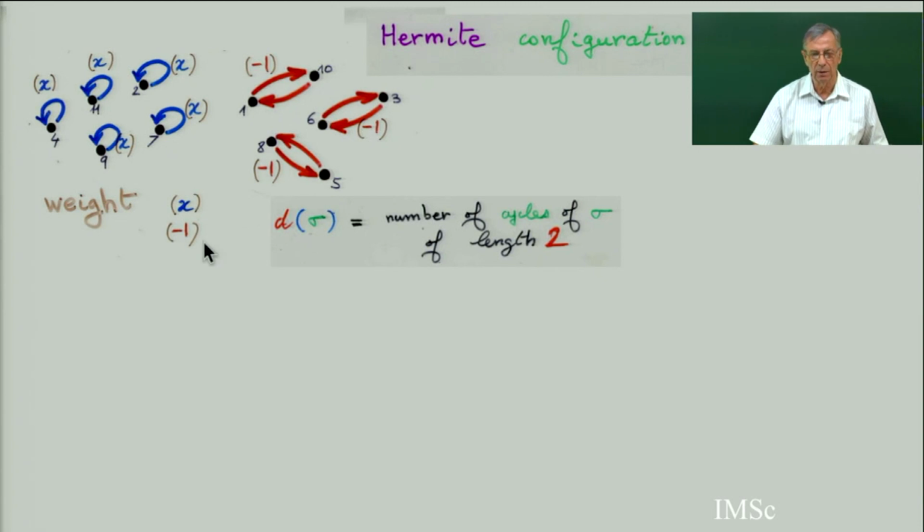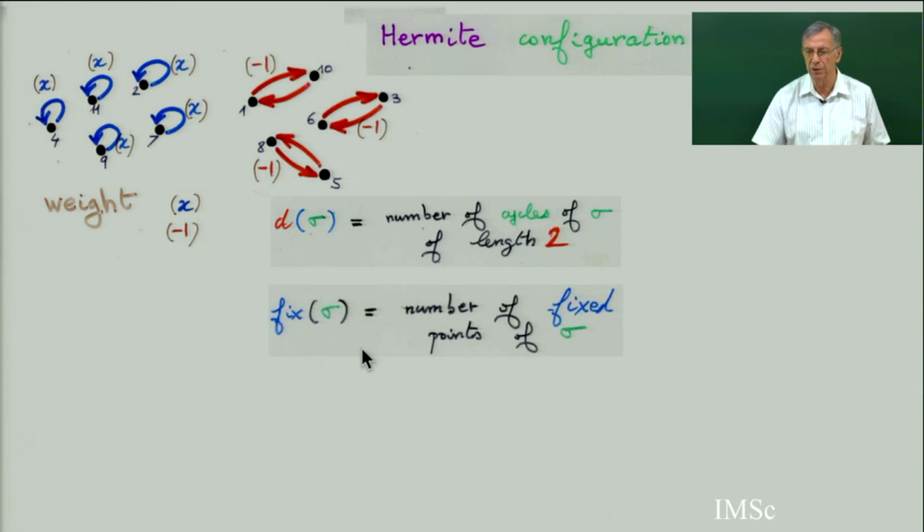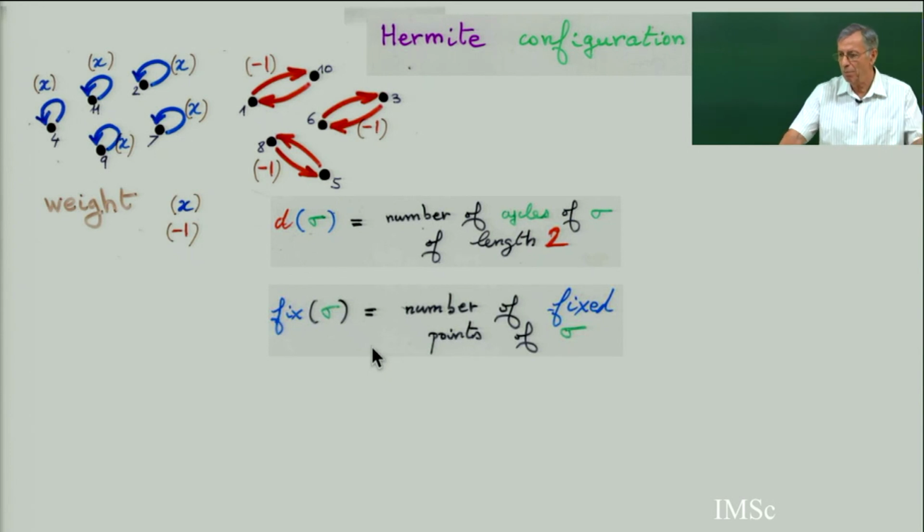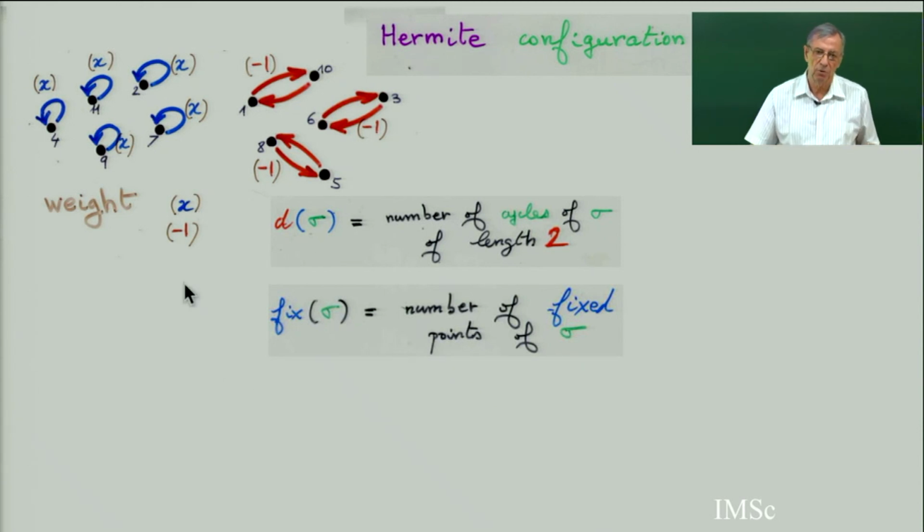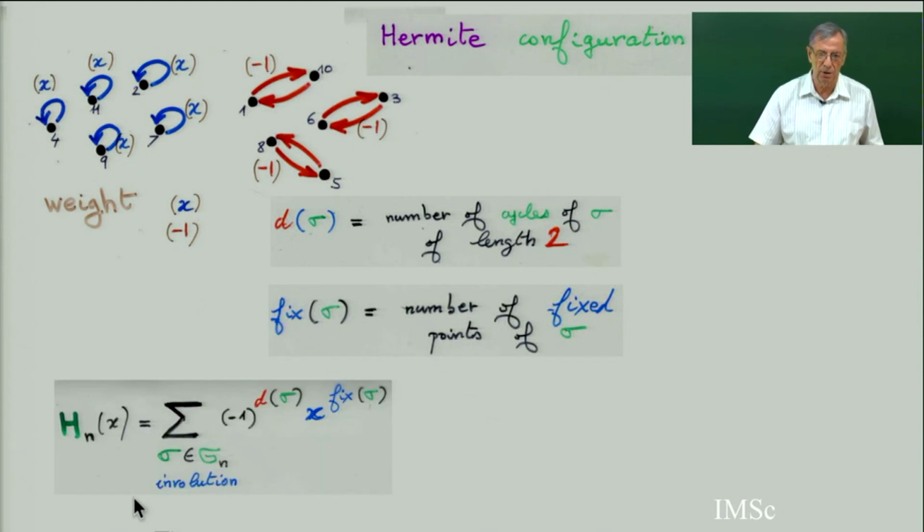And so I can rewrite this Hermite polynomial in the following way. I call d of sigma the number of cycles of length 2, and fix of sigma the number of fixed points of the permutation. Instead of matchings of the complete graph, I can rewrite it as a sum of the weight over all involutions. So it's a sum over all involution permutations of (-1) to the power d of sigma, times x to the number of fixed points.